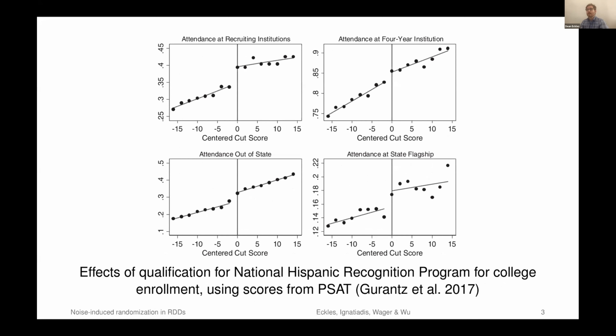So here's another example, very similar actually to this classic Thistlethwaite and Campbell example, where students are taking the PSAT test and either qualifying for this National Hispanic Recognition Program or not. And we can see how just barely qualifying seems to be associated with being able to then go on to attend different four-year institutions.